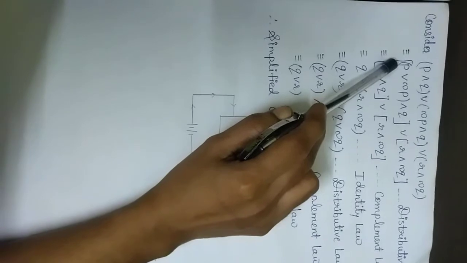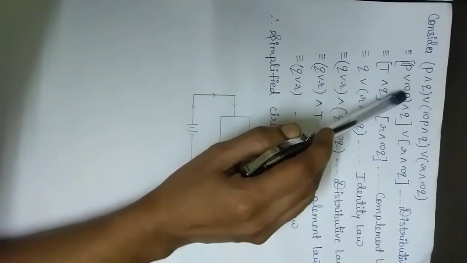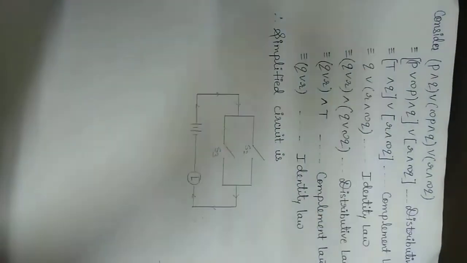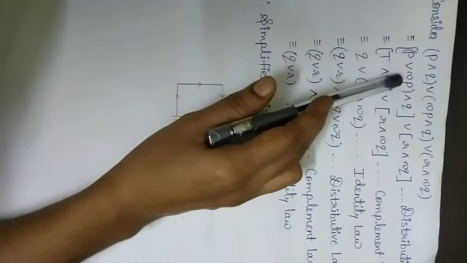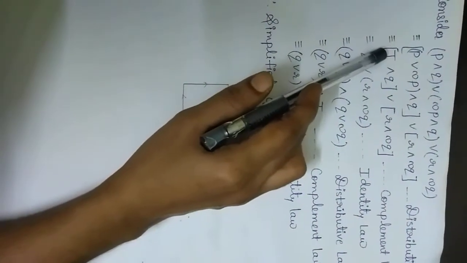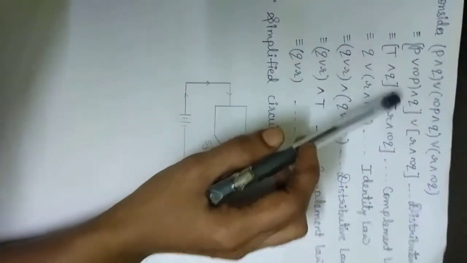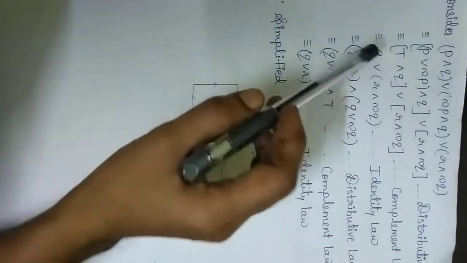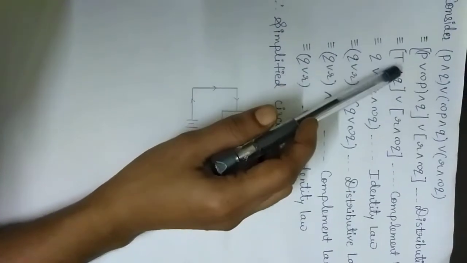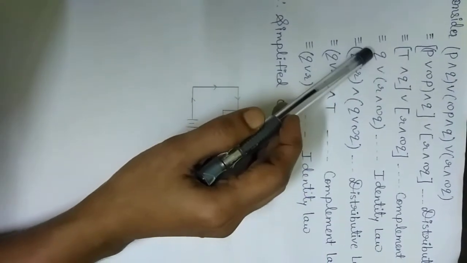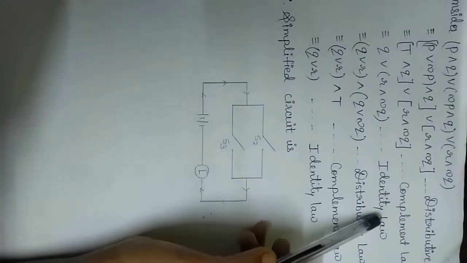In bracket we will get P or negation of P and Q as it is, keeping third as it is. Then P or negation of P will give us T by using complement law, keeping the remaining terms as it is.